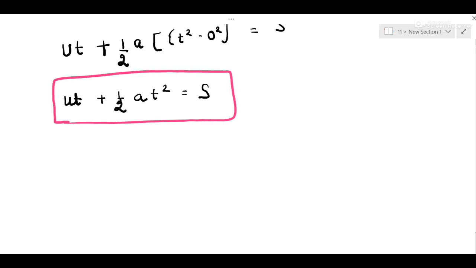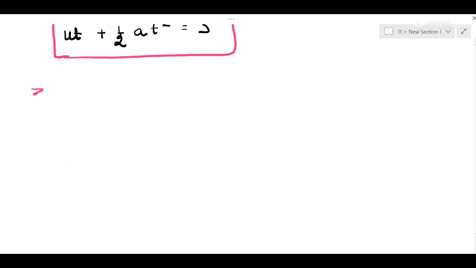Let us see the third equation now. The third will start with a.